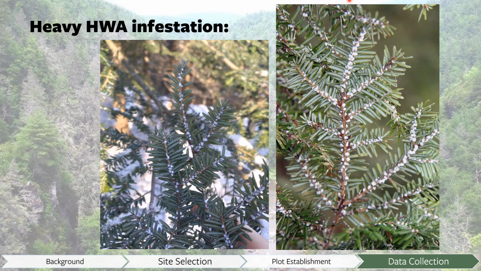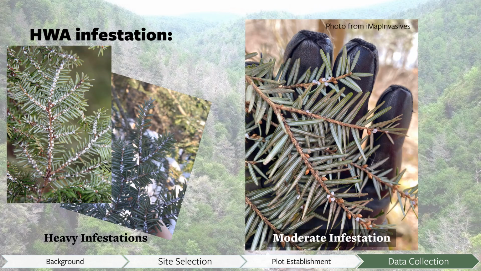If you're seeing a heavy infestation, you're going to see one by the base of nearly every needle, if not more than one at the base of some needles, like you can see in this photo on the right. For a more moderate infestation, you can see here there are numerous little woolly masses, but certainly they're not at most of the bases of the needles.